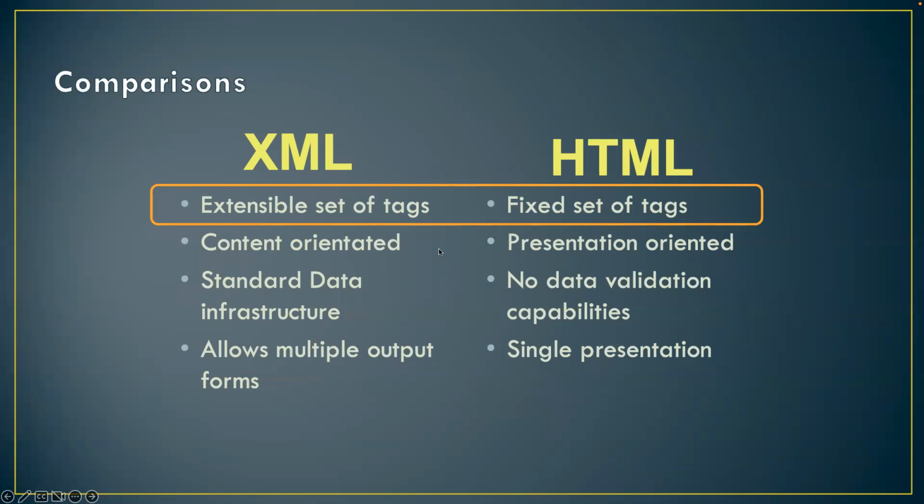But the one thing I want to stress here is that XML is based on an extensible set of tags, and HTML is based on a fixed set of tags. So in HTML, all the tags are designed for displaying. Each tag will point to a specific style to be displayed in a certain way on a web page.